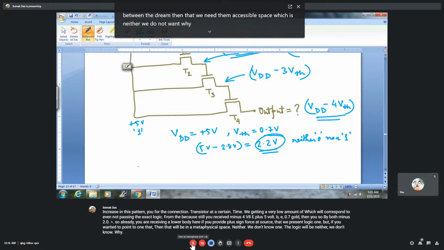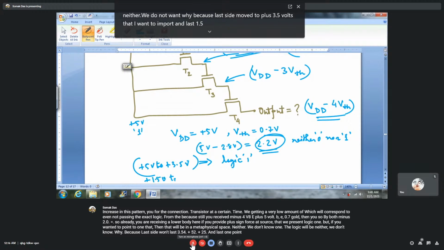Why? Because plus 5 volts to plus 3.5 volts is typically considered as logic 1, and plus 1.5 volts to 0 volt is considered as logic 0.